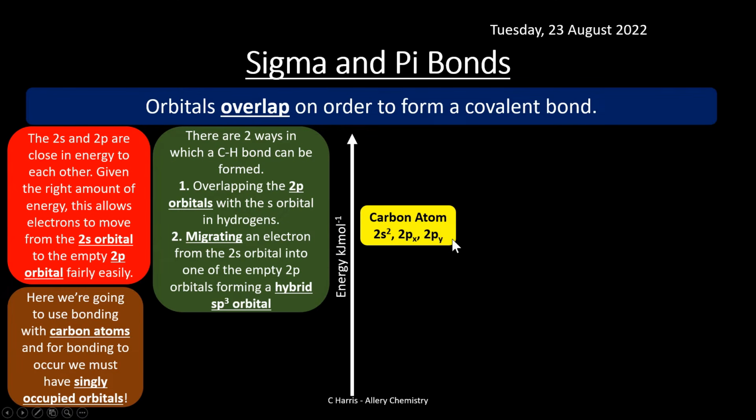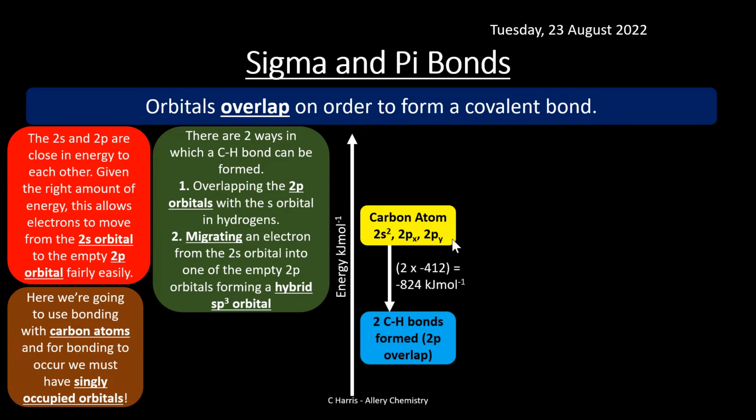So we can go one way and form 2 CH bonds. The s orbital is full, so it can't get involved, but these two singly occupied orbitals can overlap and form 2 CH bonds. That releases energy when it forms a bond, minus 824 kilojoules per mole.